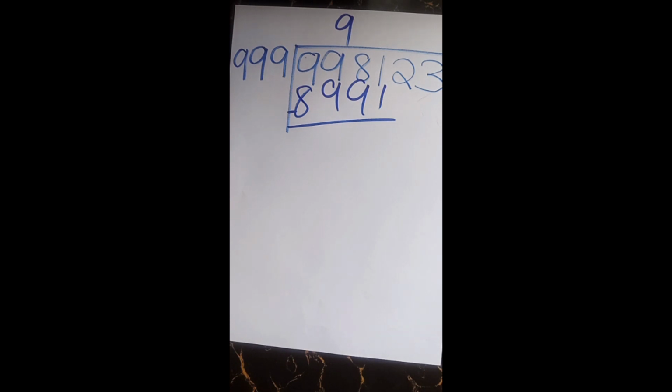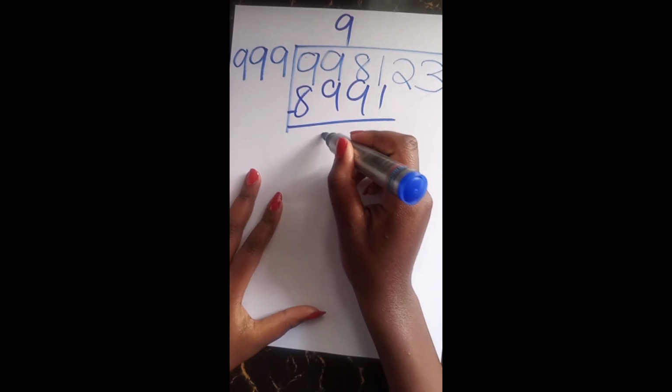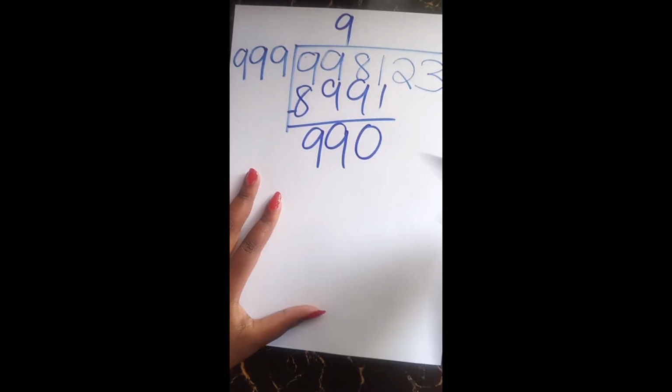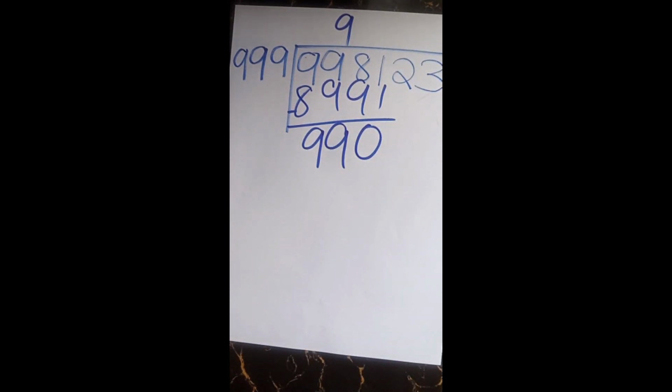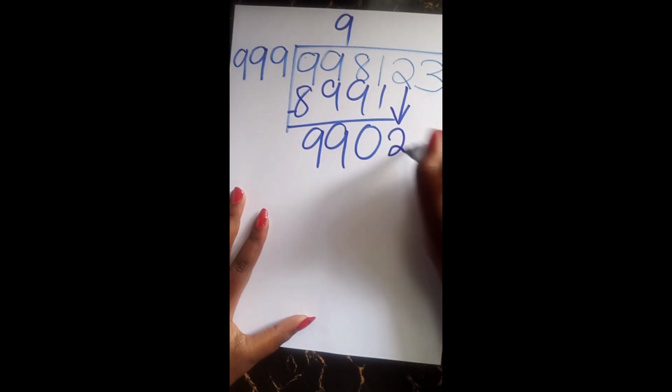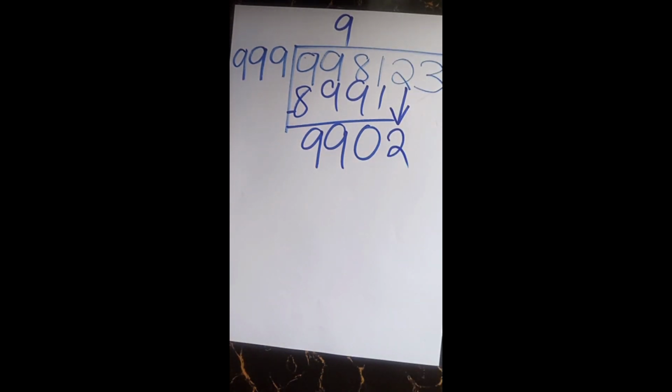When you subtract that, you get 990. The next step is to drop the 2. When you drop the 2, you have this number here. Where does this number fall in our table?